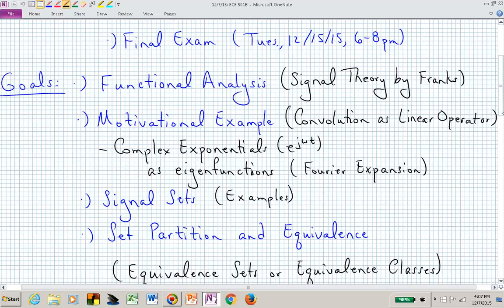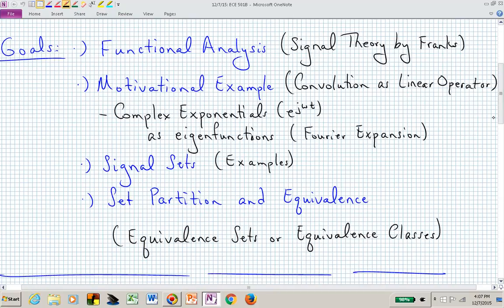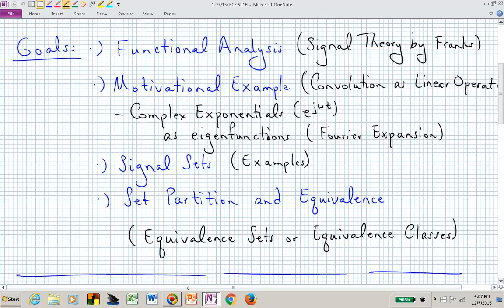Then we will talk about signal sets, and once we have some examples from signal sets, we'll talk about set partition and equivalence, and then we'll go from there in terms of what we can actually say relative to infinite dimensional vector spaces, and we'll start talking about Banach spaces, or at least we'll define those.